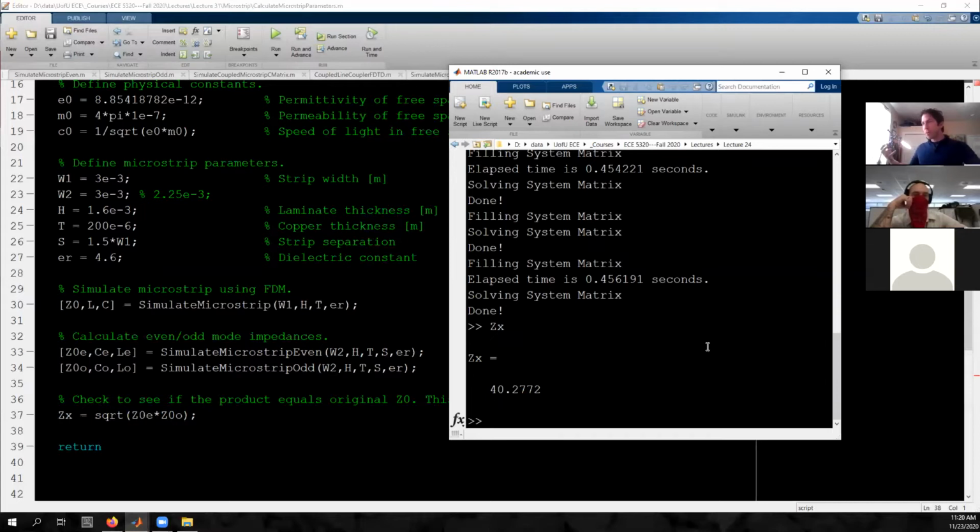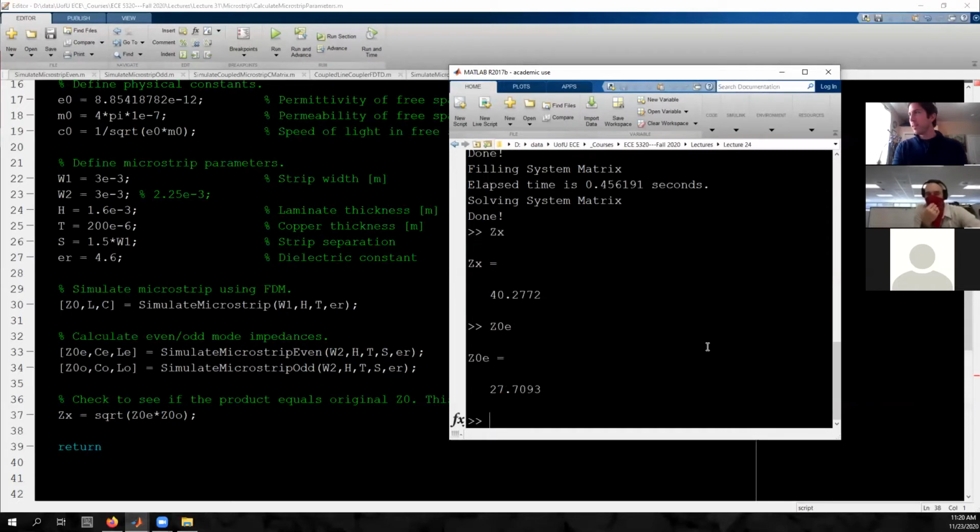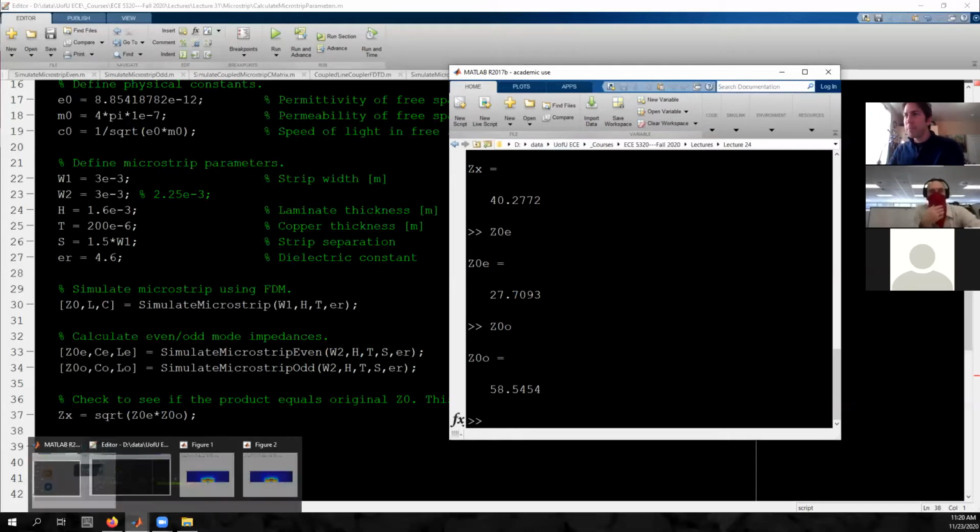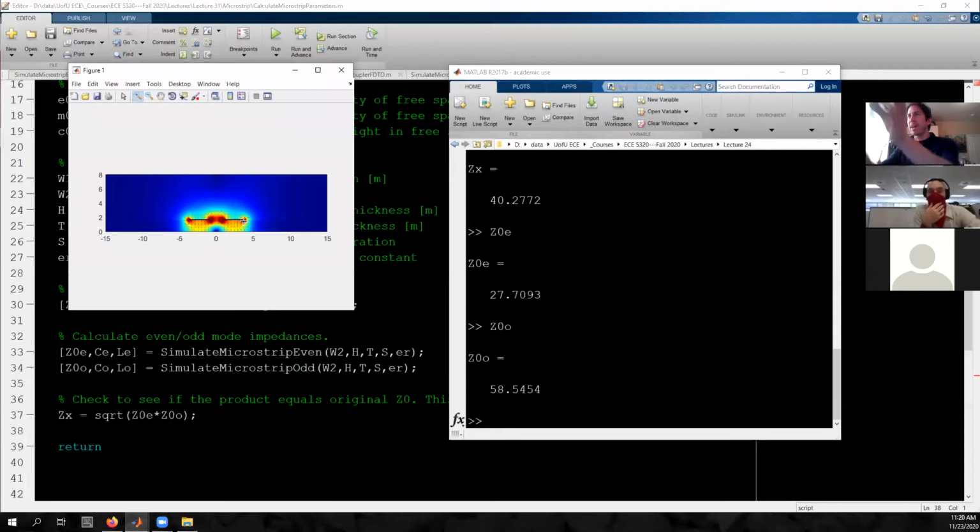Moving them farther apart and closer together did not tweak the product of their impedances. Z naught even is still about the same. Z naught odd changes a little bit, but not really. In fact, most of that change is probably numerical artifacts of being closer to these walls over here or not. But you notice the separation didn't really change the product between them very much.